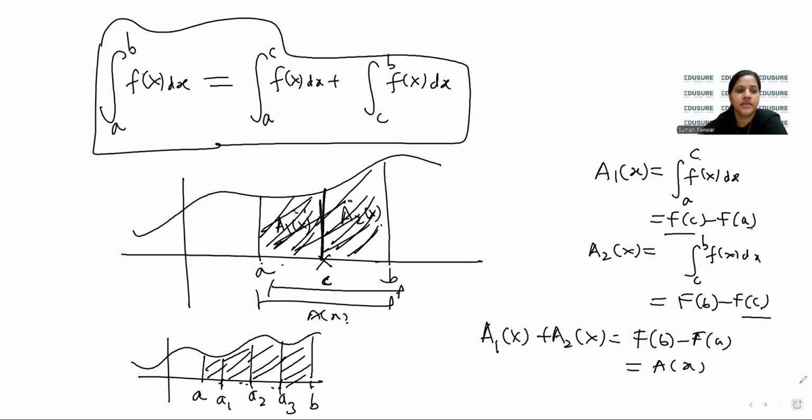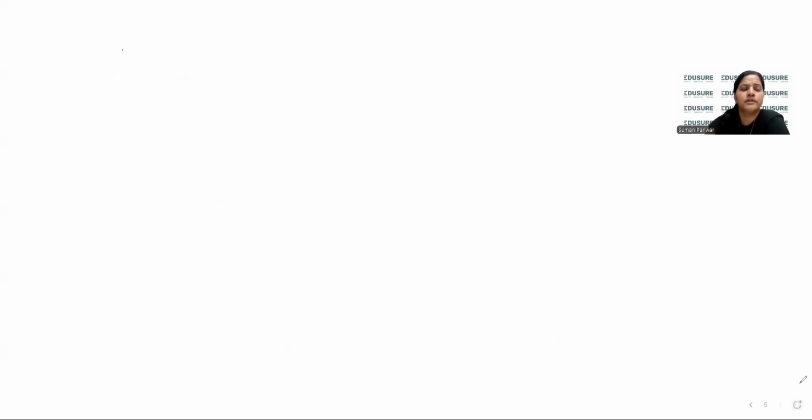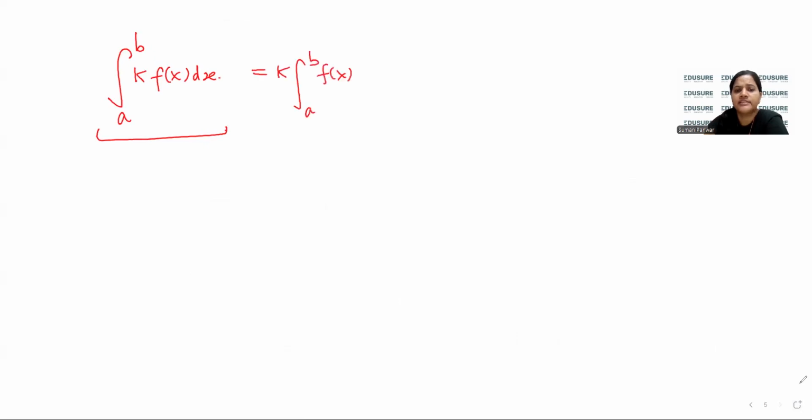Okay. Now, if you look at this integral from a to b of k times f of x dx, suppose I want to write what this is. So this is equal to k times the integral from a to b of f of x dx. This is the constant multiple property of definite integrals. The constant can be taken out.